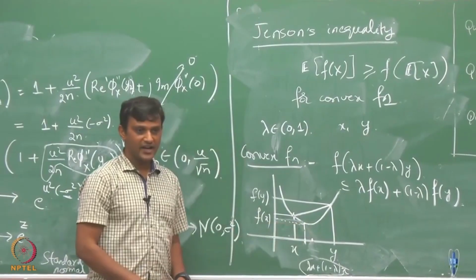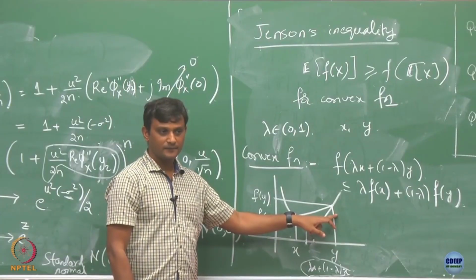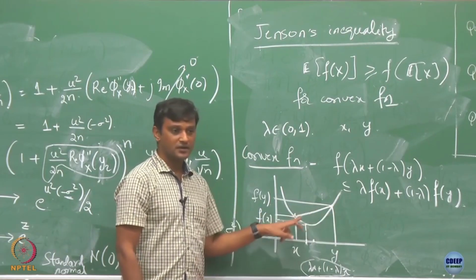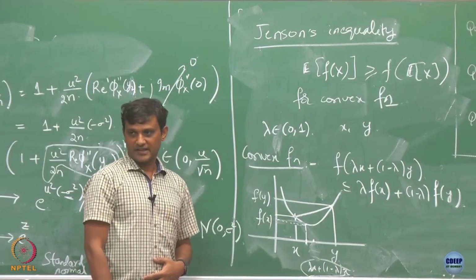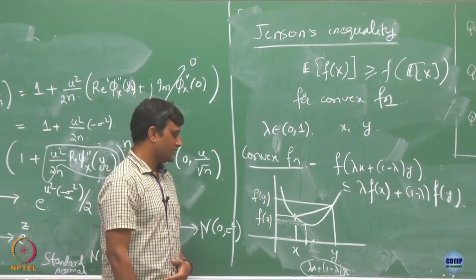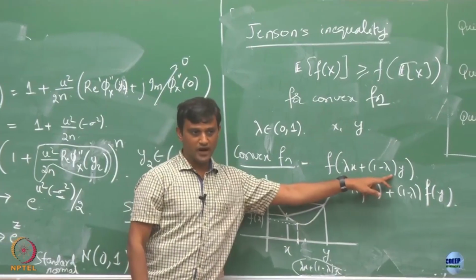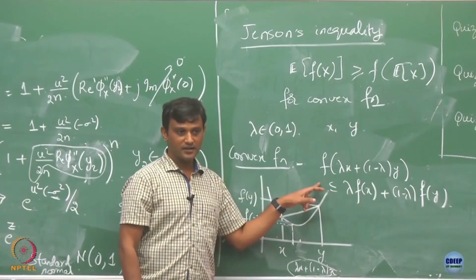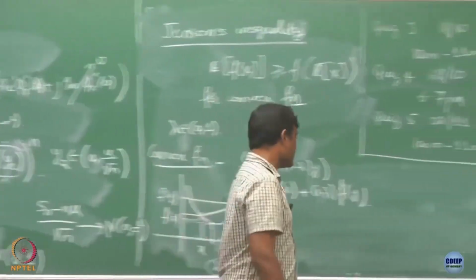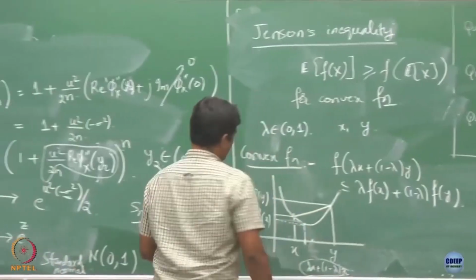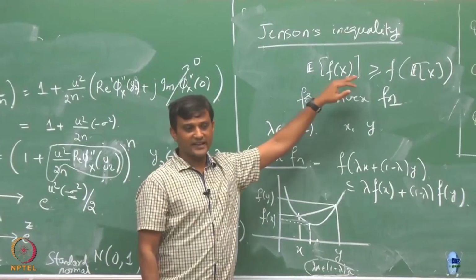This value I am going to get is going to be smaller than the linear combination of these 2 points. So if I have a convex function, it is always the case that my function value at the linear combination of those 2 points is going to be smaller than the linear combination of the function values at those 2 points. Okay, now the question is, if my function f is like this, why is this true?